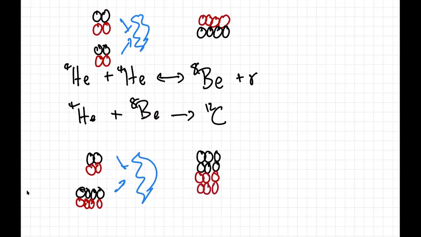And that's a carbon-12 nucleus. Carbon being element number 6, carbon-12 having 12 total nucleons, 6 protons, and 6 neutrons. So that's the triple alpha process. You end up taking 3 of these helium-4 nuclei and fusing them together to make a single carbon-12 nucleus. And that does give you energy out in the end.